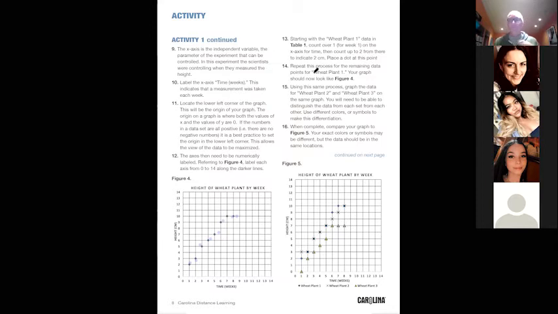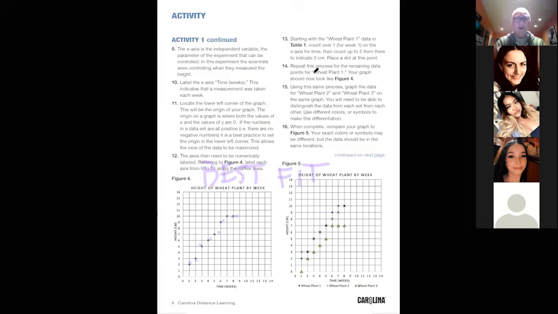Then we want to draw what's called a best fit line. Maybe all of the points don't fall on the line, but you want to have as many points above the line as below the line, and to have all the points be as close to the line as possible.